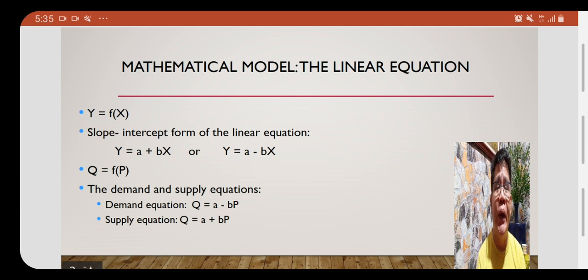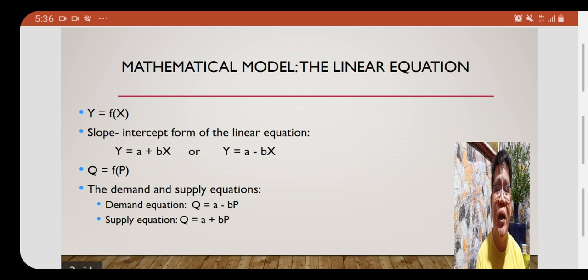So if we're going to give the demand equation, according to the law of demand, quantity demanded and price are inversely related. So that is already giving us an idea that there is an inverse relationship, or a slope whose sign is negative for the demand equation.